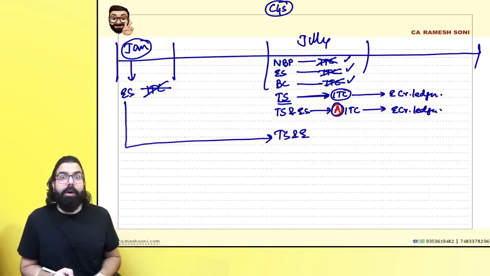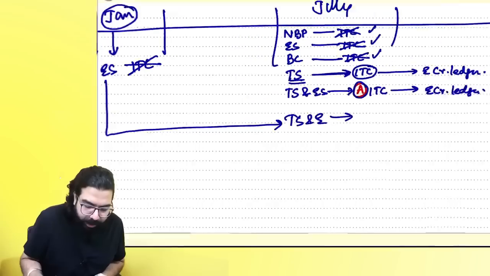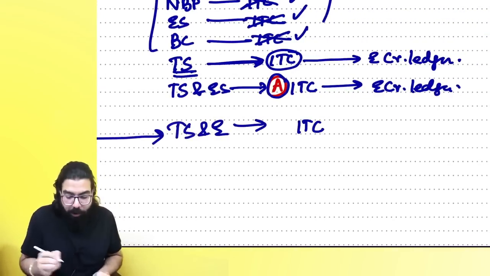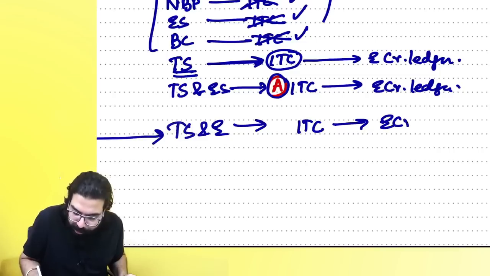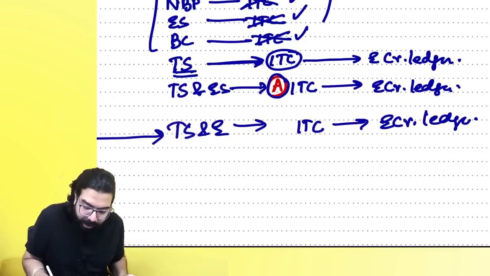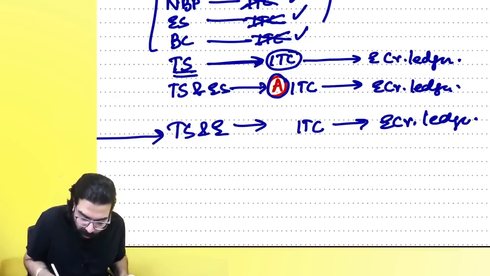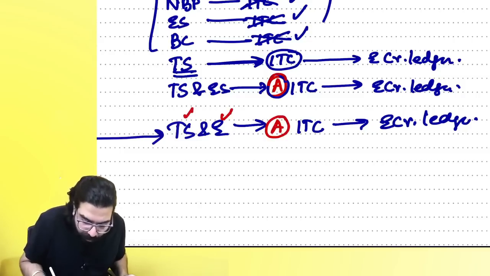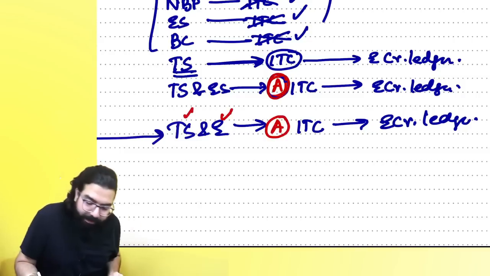Government is telling, oh, common use. Then government is telling, since you had not taken the ITC earlier, please go ahead and take the ITC now, and this ITC will go in your e-credit ledger. Okay sir, and because now it's a common use, exempt supply and taxable supply, there will be apportionment. ठीक है sir, point is clear.